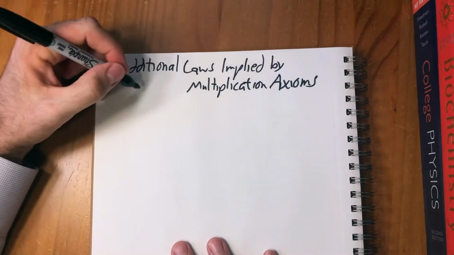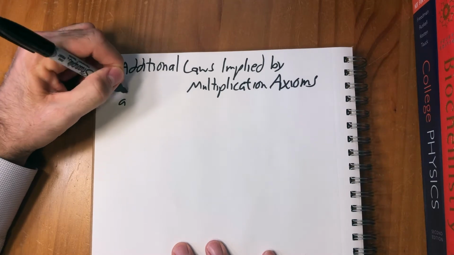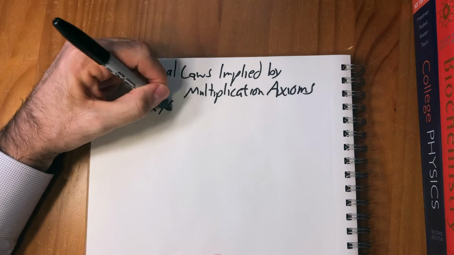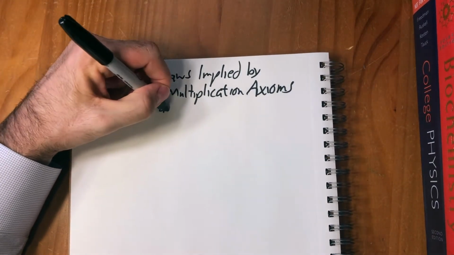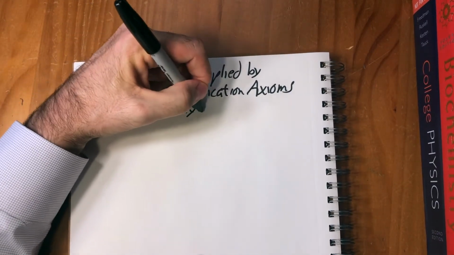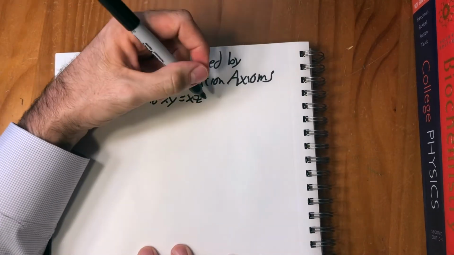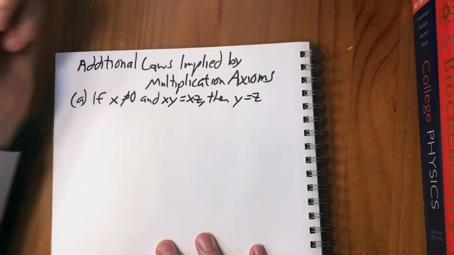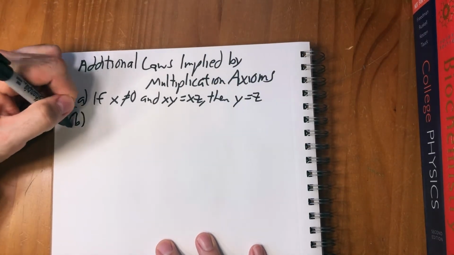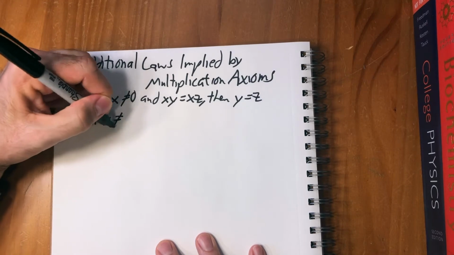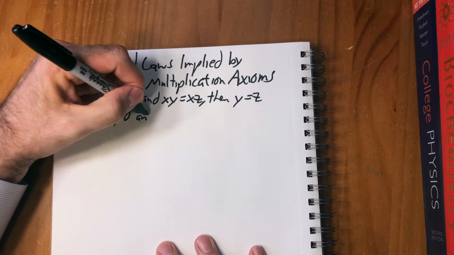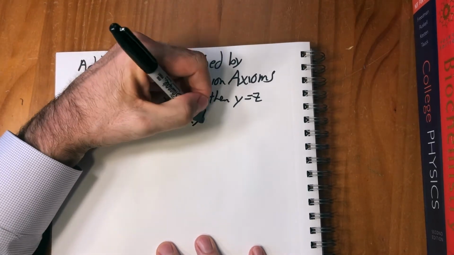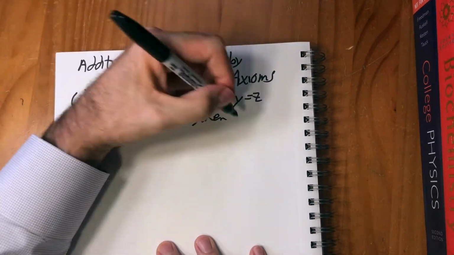They are very similar. We have A, but with one big difference. Always, if x does not equal 0 and xy equals xz, then y equals z. B, if x does not equal 0 and xy equals x, then y equals 1.